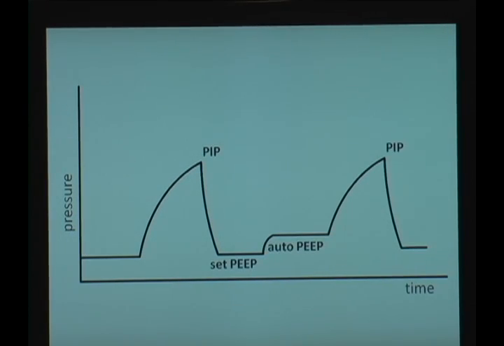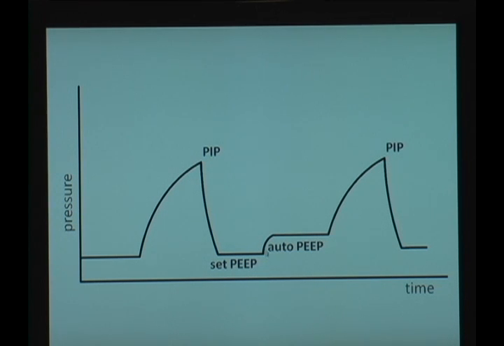Okay, so just as we can do an end inspiratory pause to measure the alveolar pressure at the end of inspiration, what we call the plateau pressure, we can do an end expiratory pause, as you all know, to measure auto peak. When we put our finger on the button and it closes all of the valves at the end of inspiration, normally the pressure should stay right at the level of the set peak.